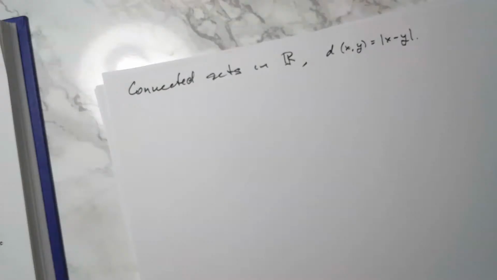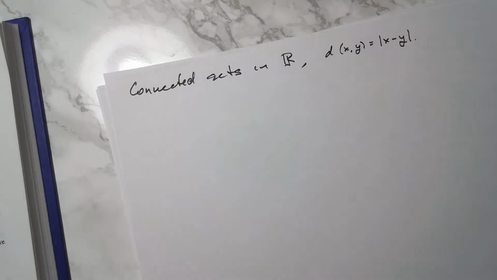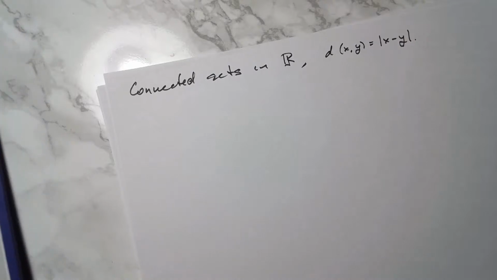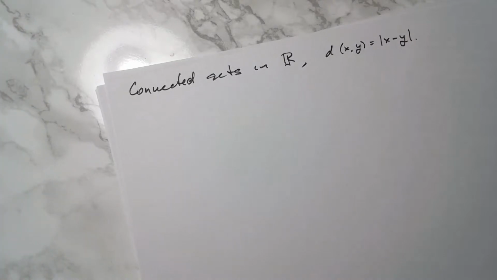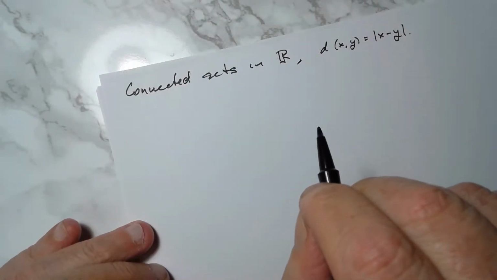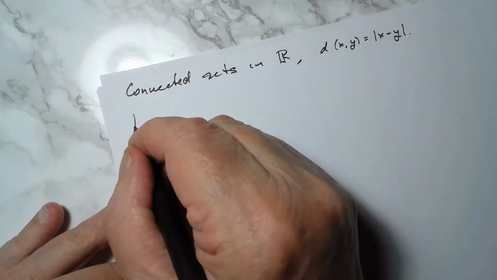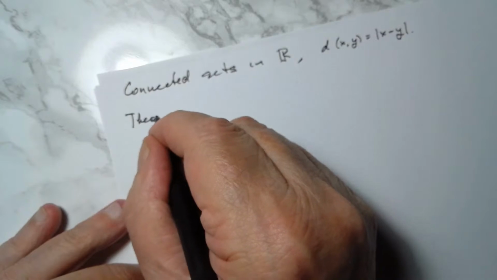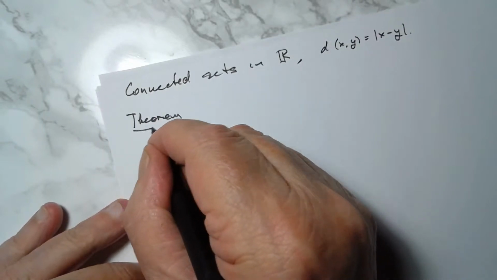And I want to characterize the connected sets in R. And here is the theorem. It is theorem 2.47 in Rudin, and this is a theorem that I will deal with proving in a minute.